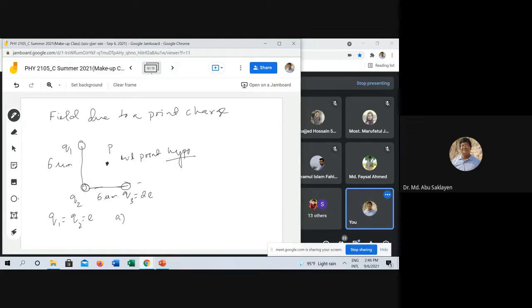Magnitude of electric field at point P and its direction.